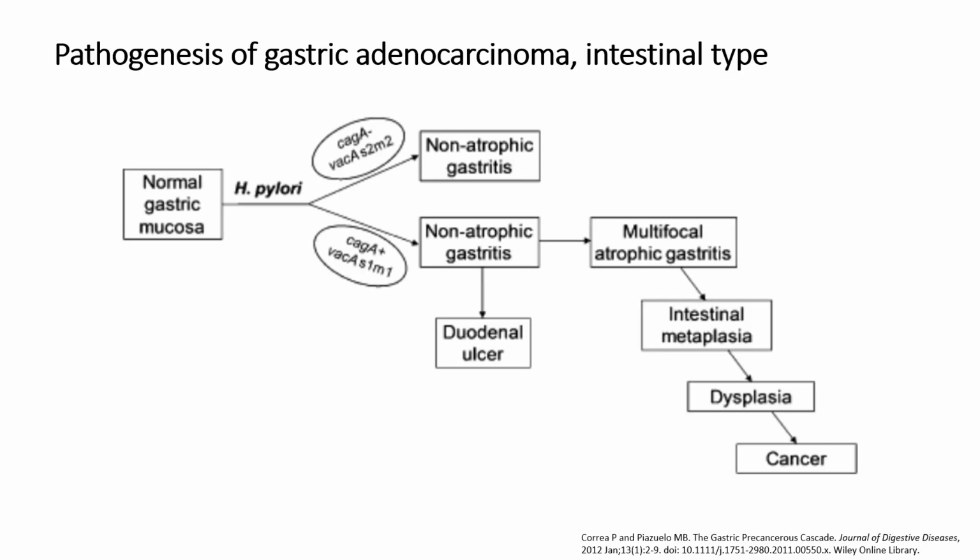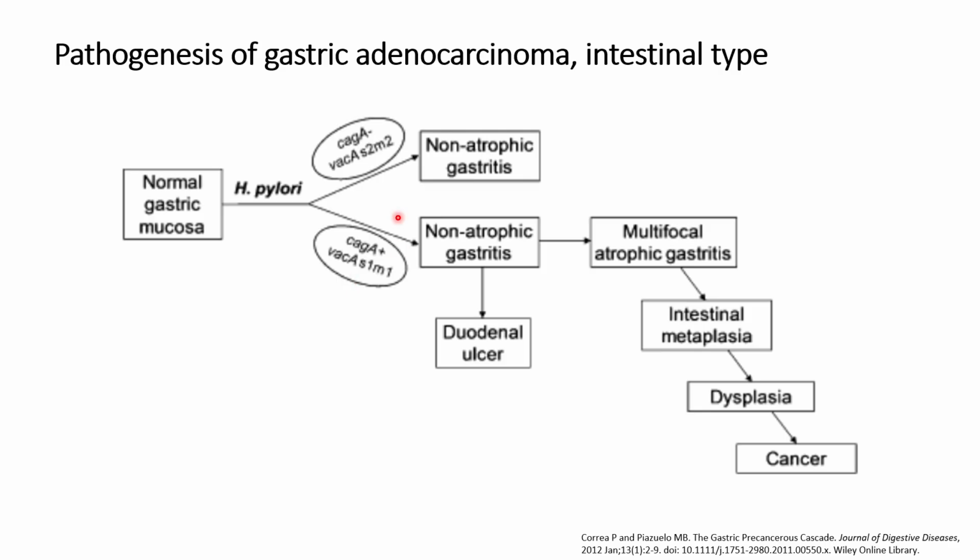This slide illustrates the pathogenesis of gastric adenocarcinoma intestinal type. H. pylori infection is thought to be responsible for most gastric adenocarcinomas. In fact, infection with the cytotoxin-associated gene A H. pylori strain is the strongest risk factor for the development of gastric adenocarcinoma.